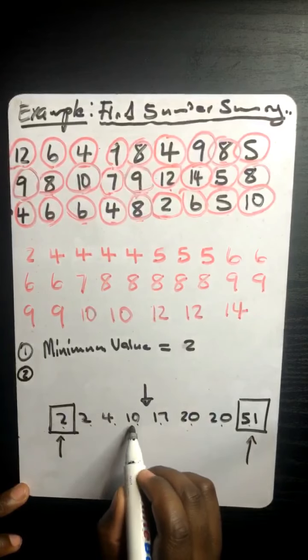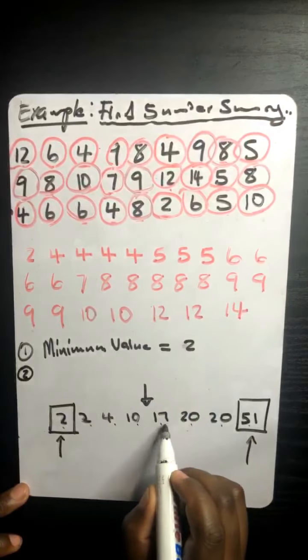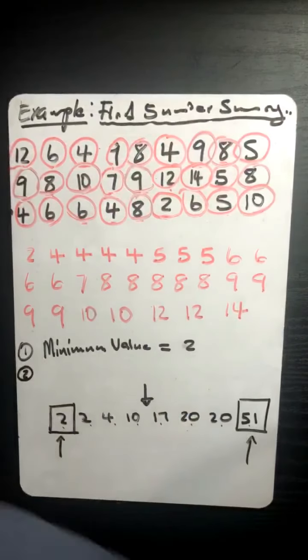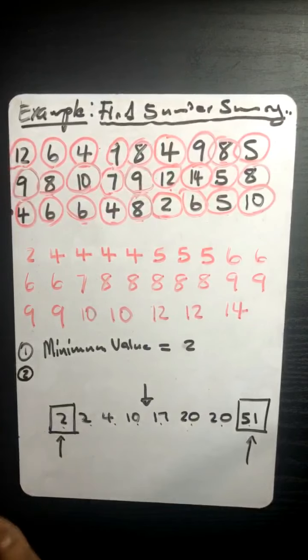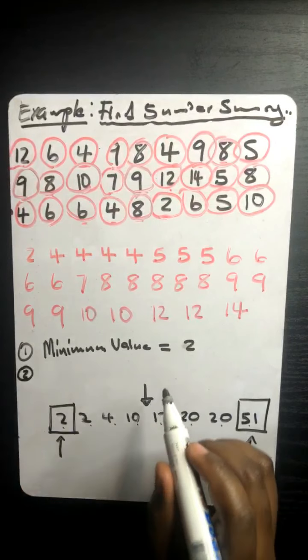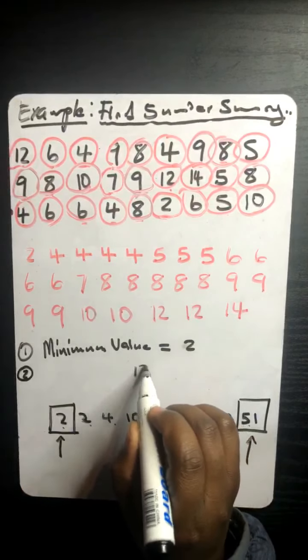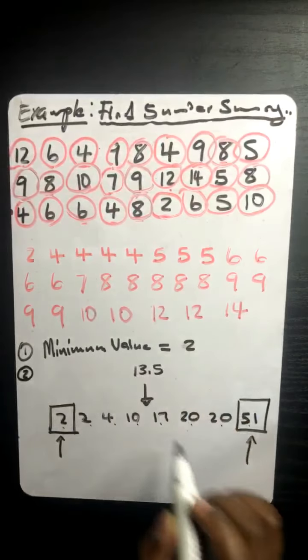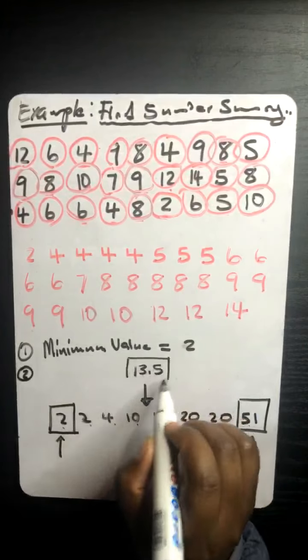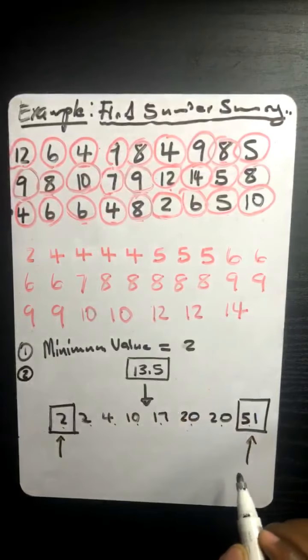You must add these two values and divide by 2. 10 plus 17 divided by 2, we get 13 and a half. So the value in between is 13 and a half. This is the median, the middle quartile.